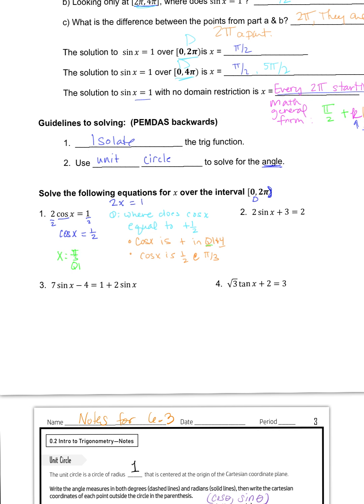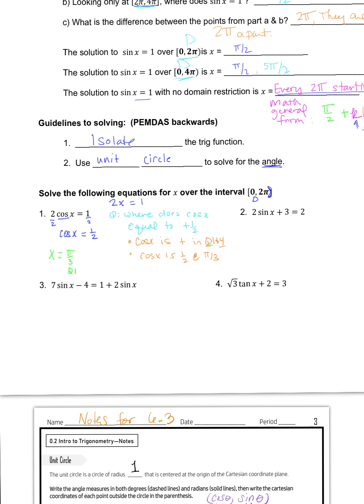And then if I think about what's in quadrant 4, if you don't know off the top of your head, use that little mnemonic that we did earlier in this video. We use our reference angle, pi over 3.